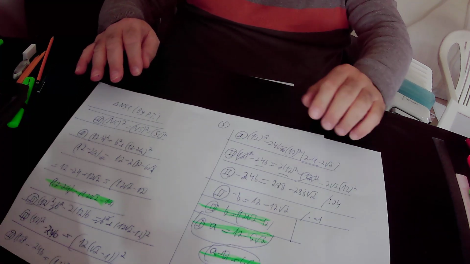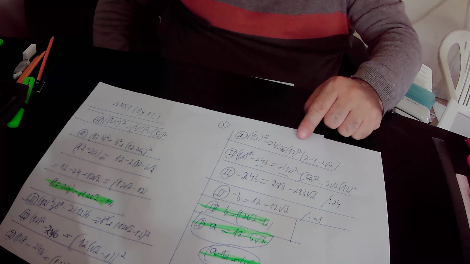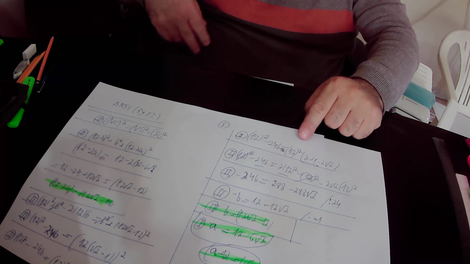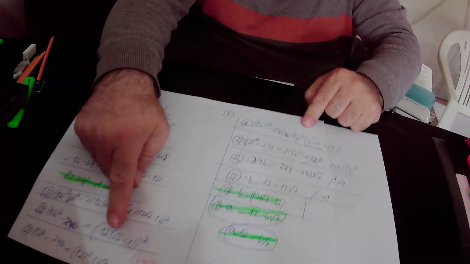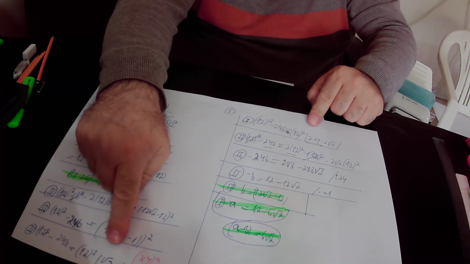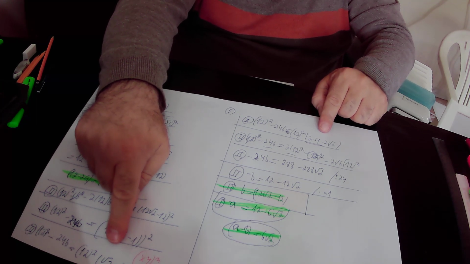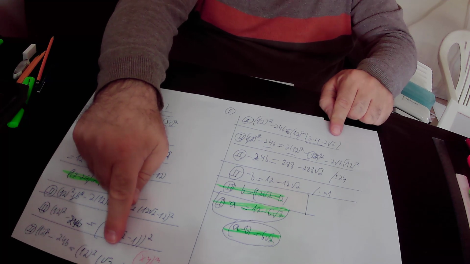So according to equation number 2, 12 square minus 24b equals 12 square times (square root of 2 minus 1) square. Here we open the brackets of (square root of 2 minus 1) square. It equals square root of 2 squared, that is 2, plus 1 squared, that is 1, minus 2 times square root of 2 times 1.